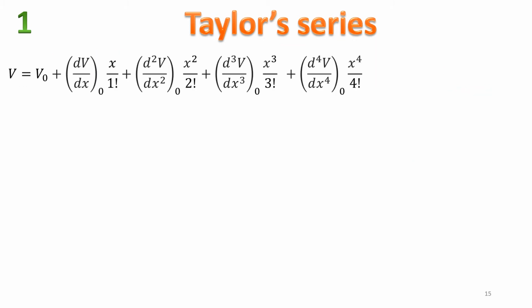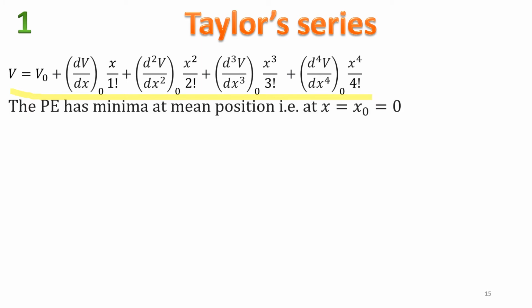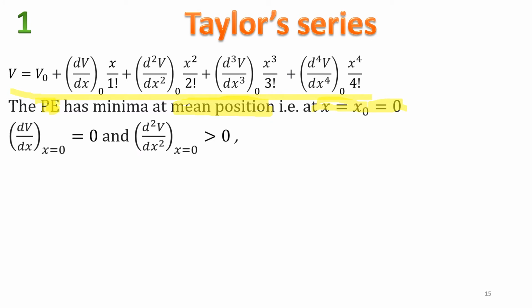Now, here the same equation I have rewritten in compact form up to fourth order. The potential energy has a minima at the mean position that we have seen from physical examples. And now we want to relate the mathematics to the physical situations. At mean position, the potential energy has minima. So at the point of interest, x equal to x0 equal to 0, which is the mean position, we have to have potential energy minimum.